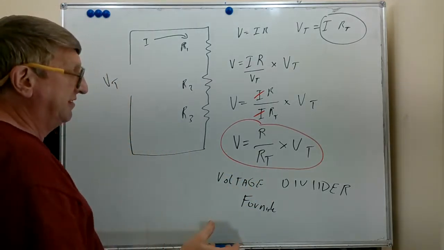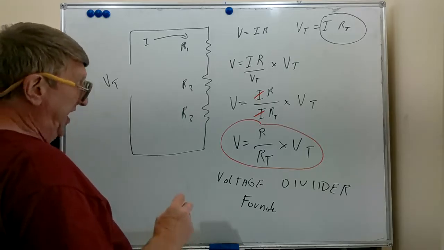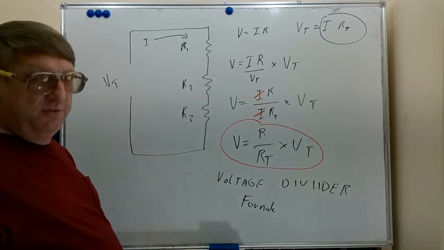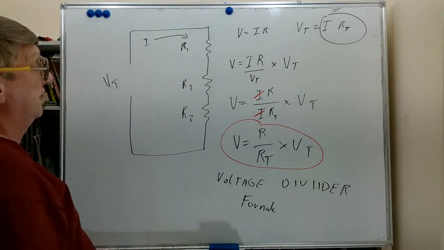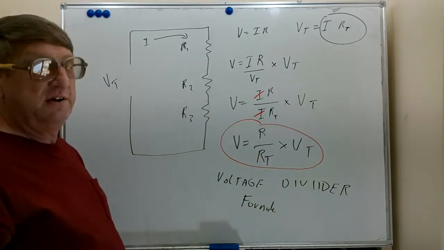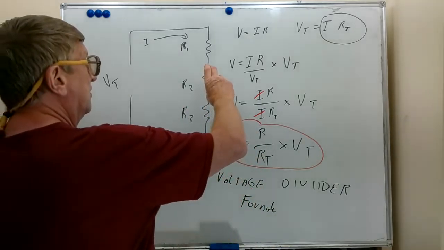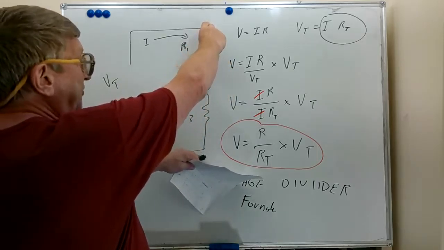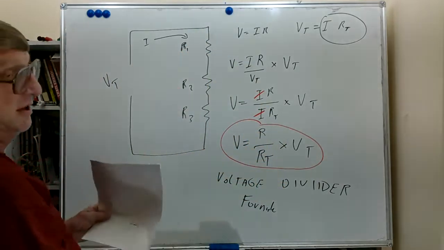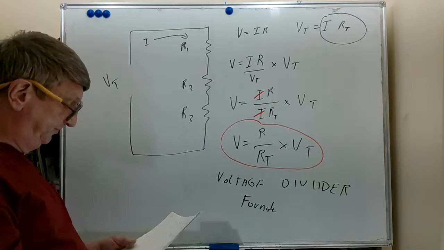So basically what this says is the voltage across any resistor in a series network, using the voltage divider idea, is this resistance divided by the total resistance, which gives us a fraction times the applied voltage.